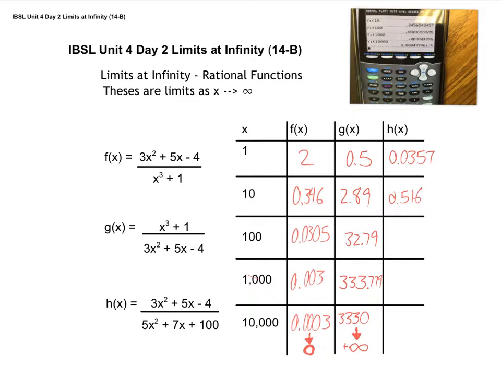All right, 100, 0.6003. 1,000, 0.6001. And how about 10,000? 0.60002. All right, so what is this approaching? 0.6. It's approaching 0.6, right?